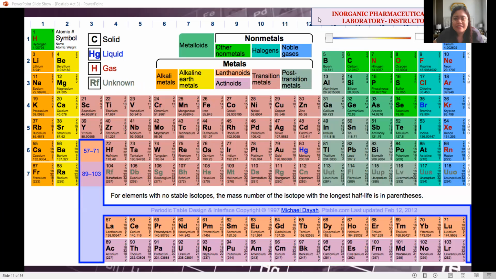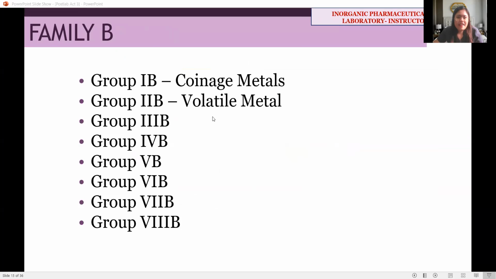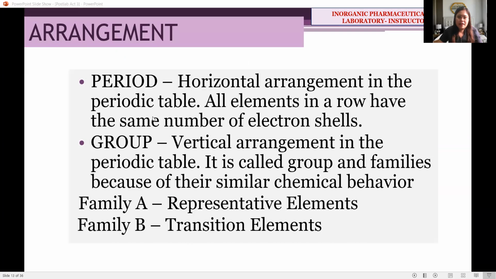For family B, only group 1B and 2B have names: the coinage metals and the volatile metals.